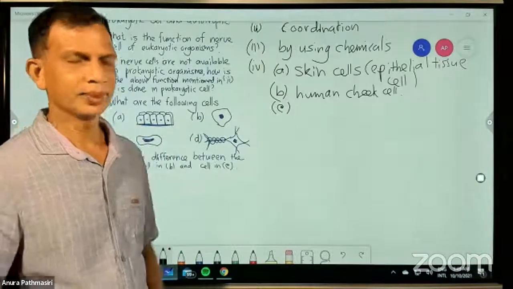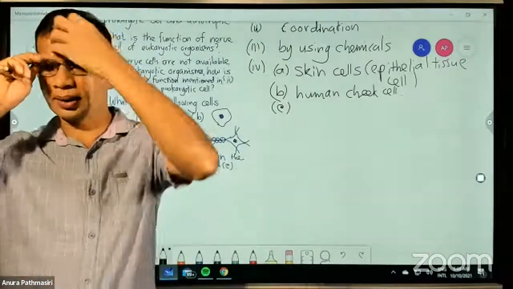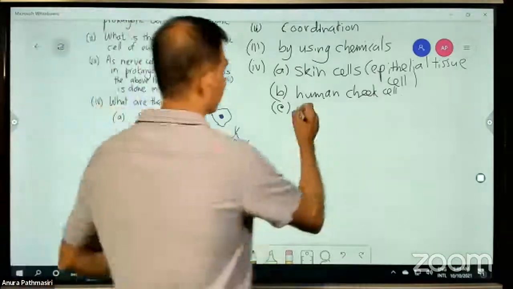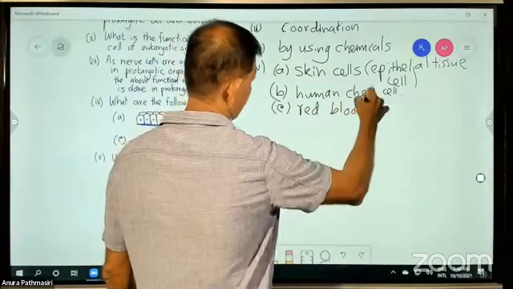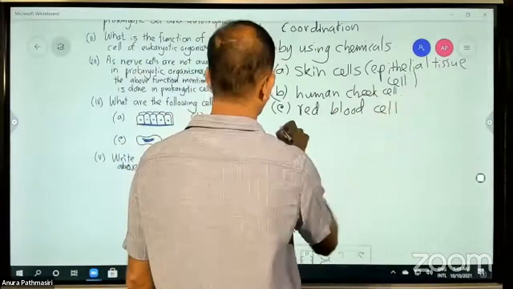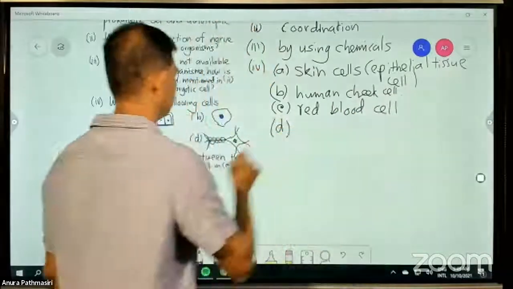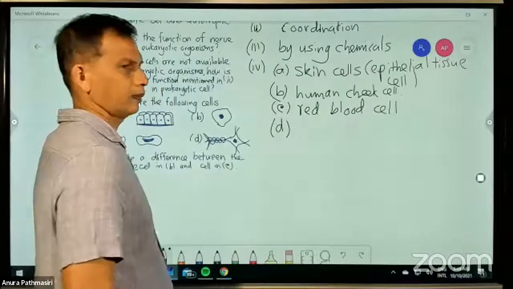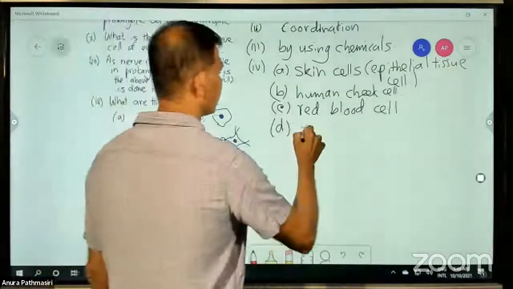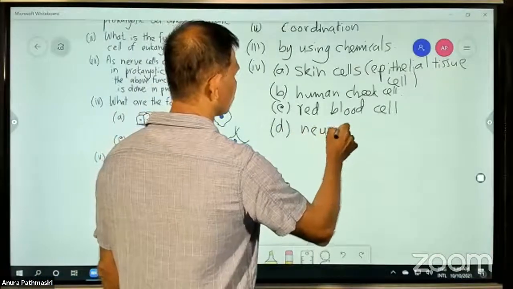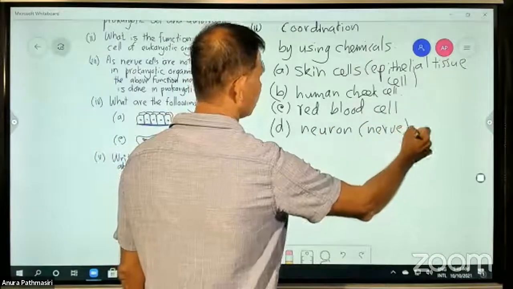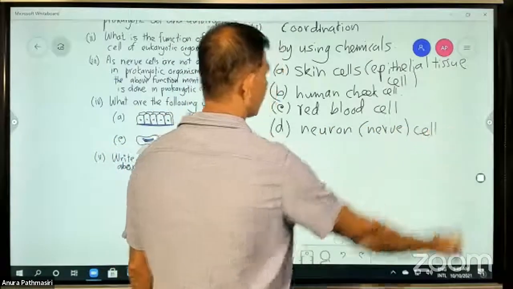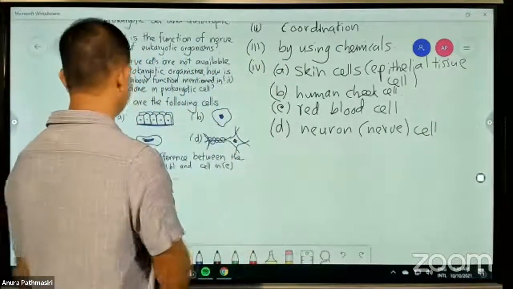Red blood cells. Fantastic. And B, neuron cell, or nerve cell.